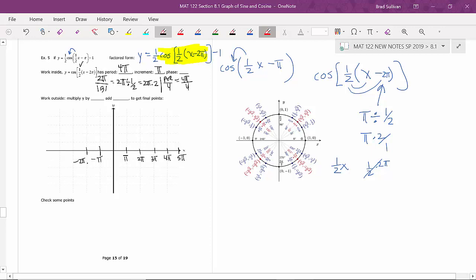Okay, so here's what you do on this. Now again, this is a cosine. A cosine always starts high at its high point of 1. So when we're doing this graph, we have an amplitude of 1/2 and down 1. So I think a good way to do this is probably like this.